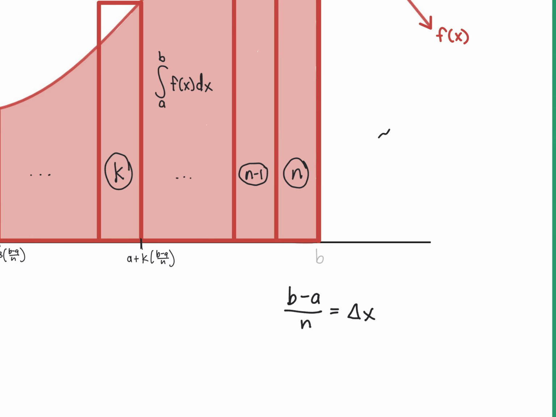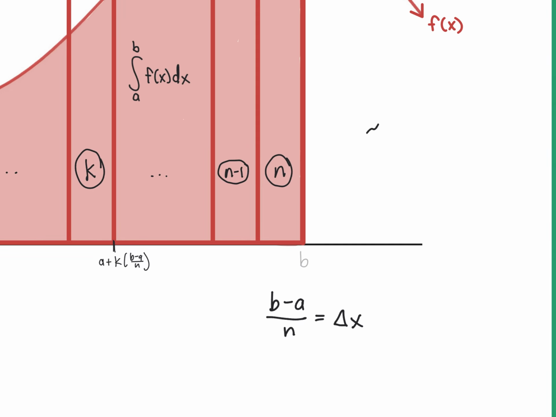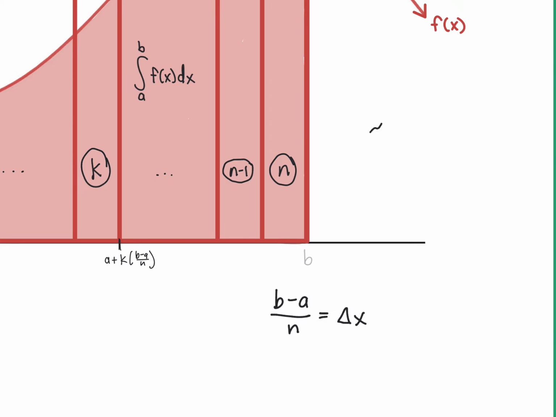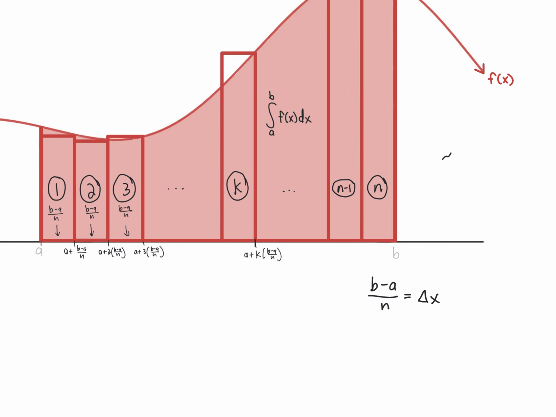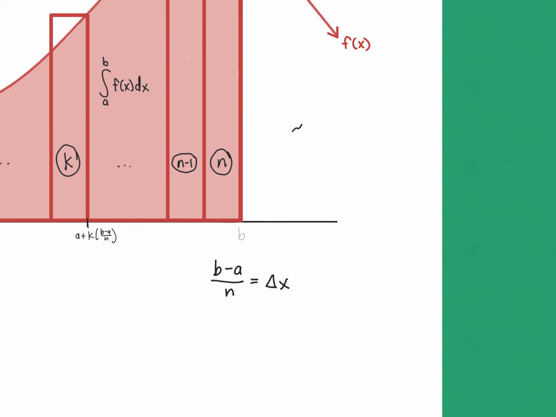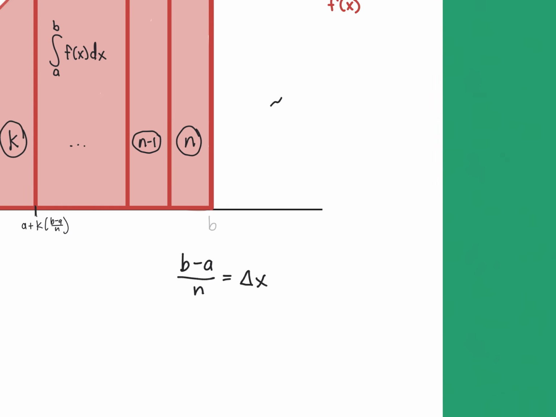Okay, and then look at the last x value. We know it's b, whatever b is, but we could also see that there's n of these b minus a over n's that we have to add to get to this last x value. So if we do a plus n times b minus a over n, you can see these n's cancel out.